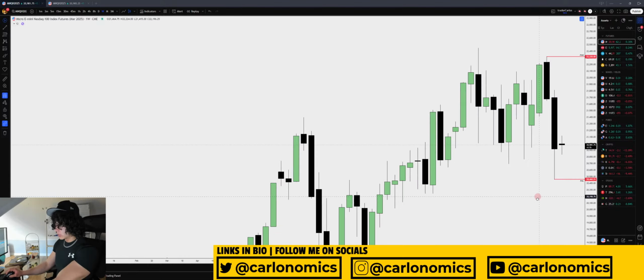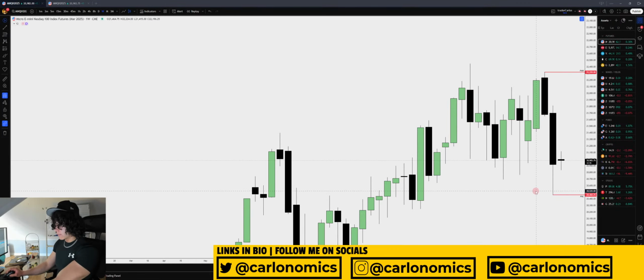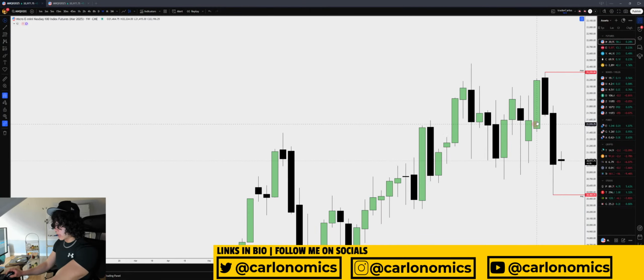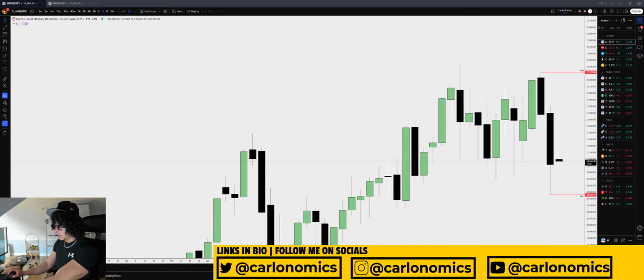All right, so we are in the weekly time frame. You can see we had this prior consolidation for pretty much since December. We had this move up, then we had this reversal back down. So I'm going to mark out the previous week high above.